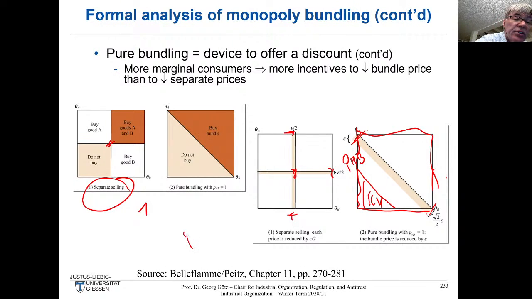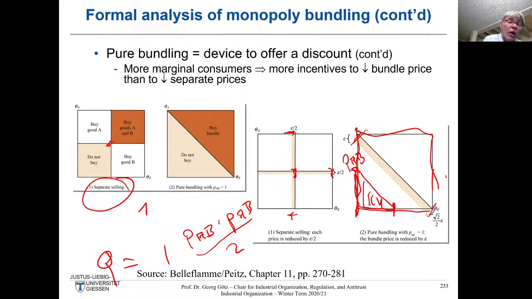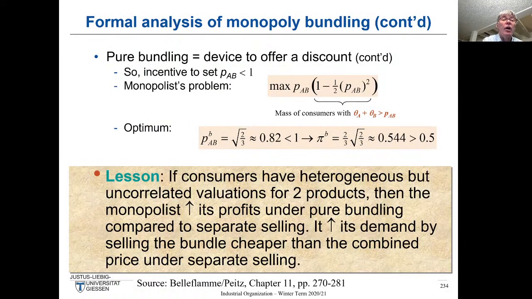The range of this triangle is simply PAB, and as the slope is minus 1, its area would be PAB squared divided by 2. It's just a triangle. So this would be the share of consumers who don't buy. So demand Q would simply be 1 minus this share. Okay, hopefully it's clear, and that's what is written down here.